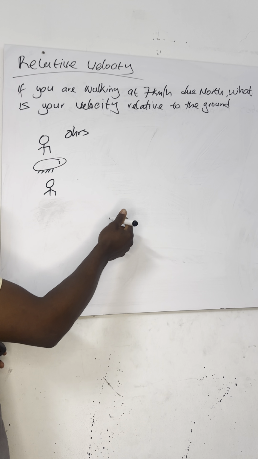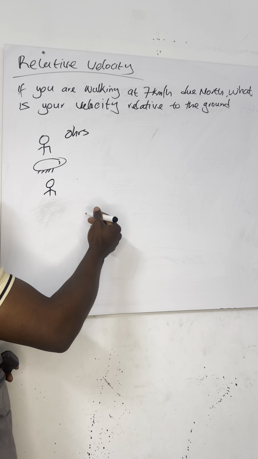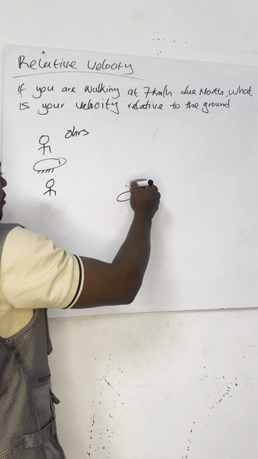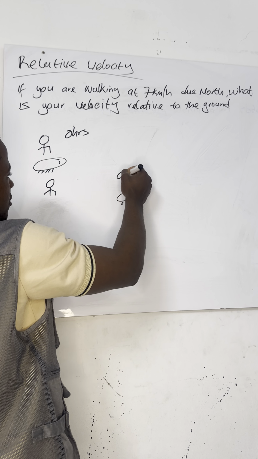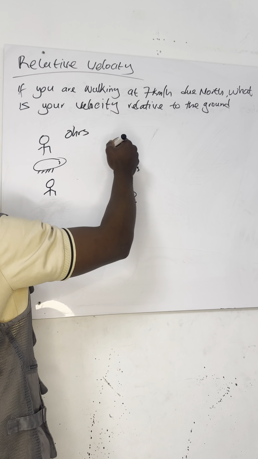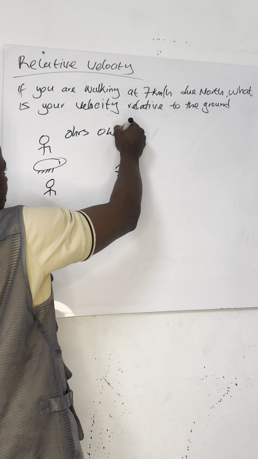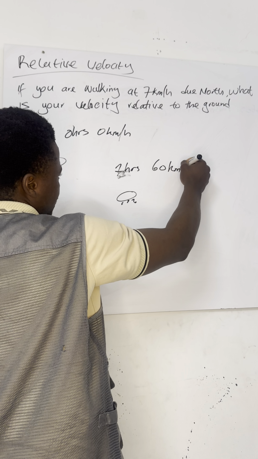In 1 hour it's traveling 60 kilometers per hour, so obviously in 1 hour it's going to travel 60. Now this is 0 kilometers, now this is 60 kilometers.